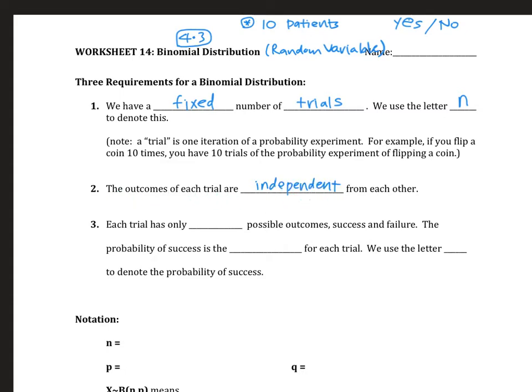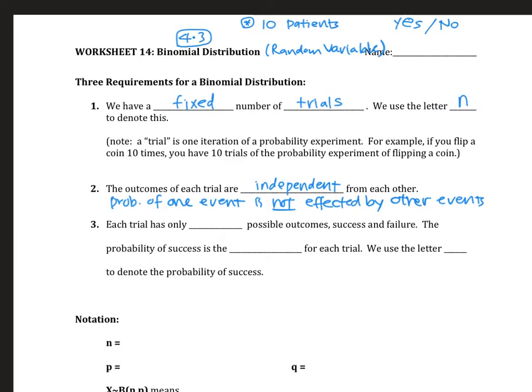The concept of independent is that the probability of one event is not affected by other events, right? It means if they tested me and you for coronavirus, the probability of me being positive for coronavirus is not affected by you having coronavirus. That's what it means that these are independent events.